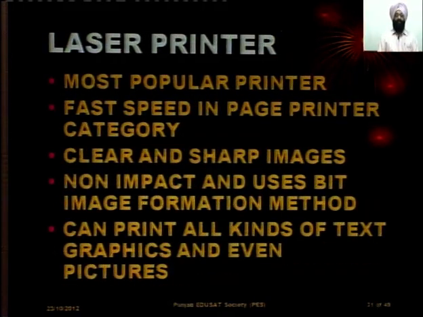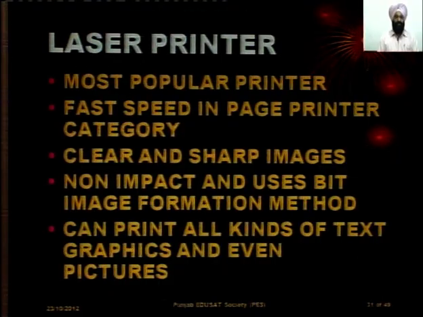The next kind of printer is the laser printer, which is mostly used these days in every office, every laboratory, and everywhere; every user prefers to use a laser printer these days. It has fast speed and is in the page printer category.